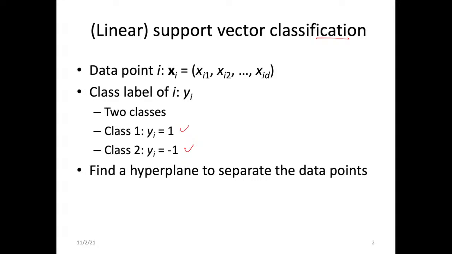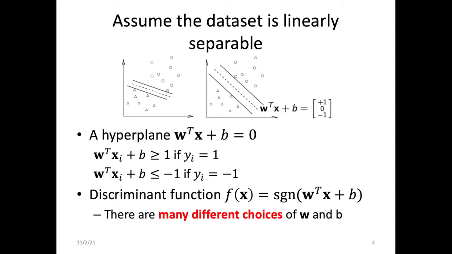Here I assume that all the data points are linearly separable, which means that you can find a hyperplane in the high dimensional space that can perfectly separate the positive and negative instances. Here I use a 2D example.